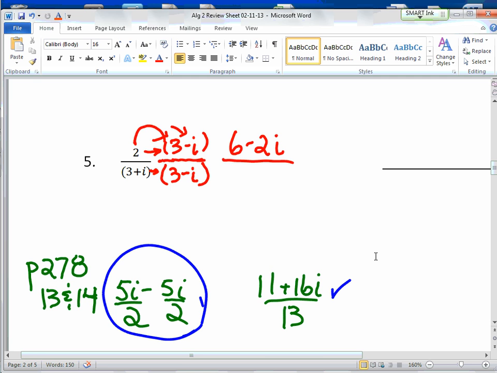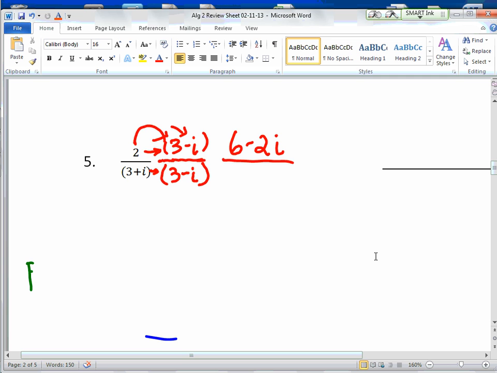So I'm just going to make some room for foiling. So first we get 9. Outer we get negative 3i. Inner we get 3i plus 3i. And this is what you always want to achieve. You want to have these middle terms cancel.